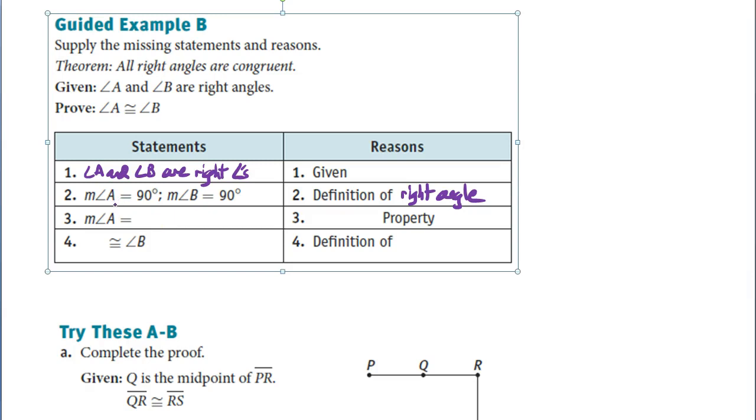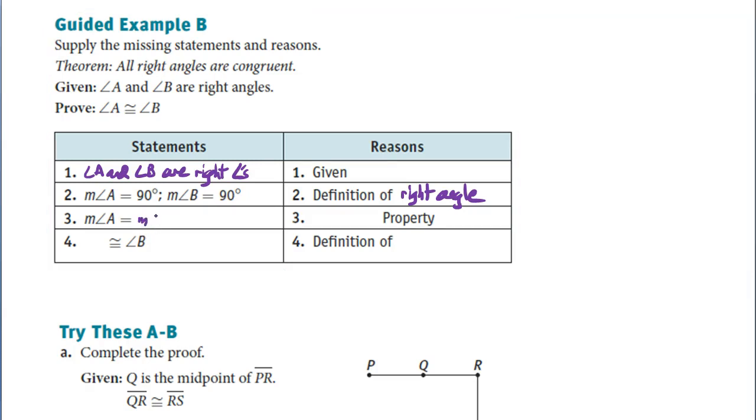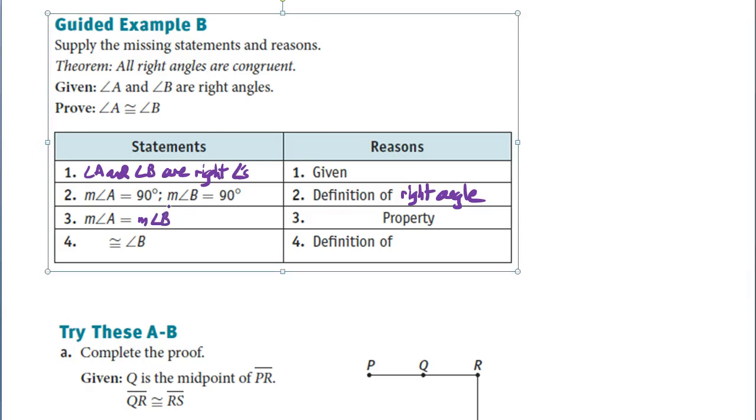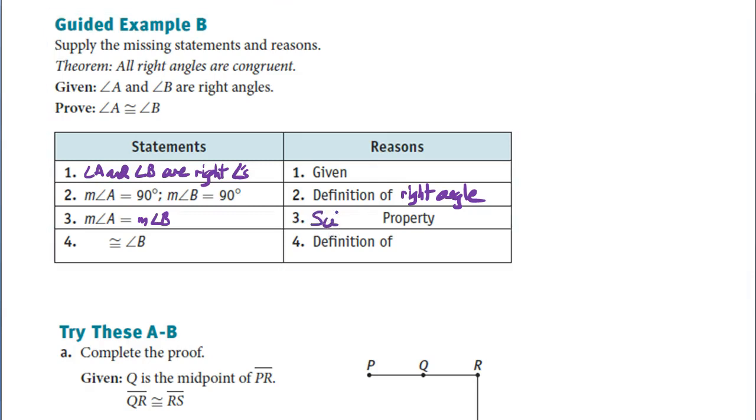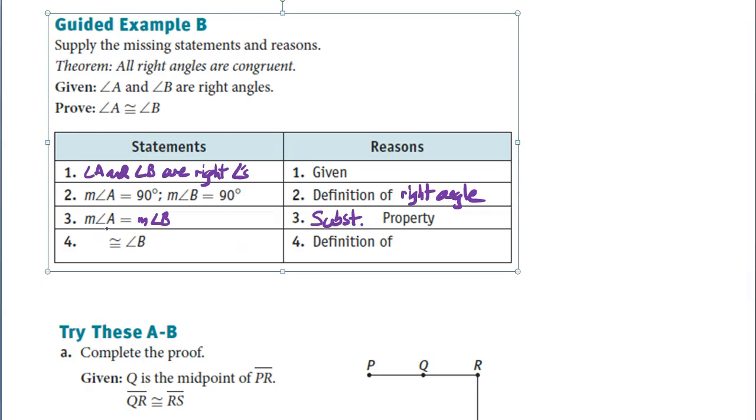Because the measure of angle A is equal to 90 and the measure of angle B is equal to 90, we can conclude that the measure of angle A is equal to the measure of angle B. If they're both equal to 90, then they equal each other. That's substitution. And if their measures are equal, then they are congruent to each other.